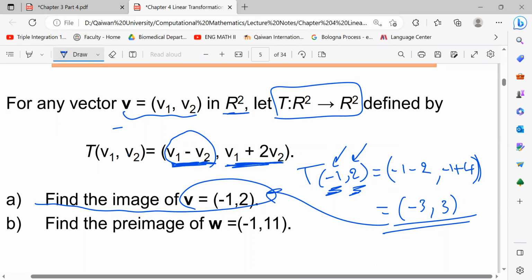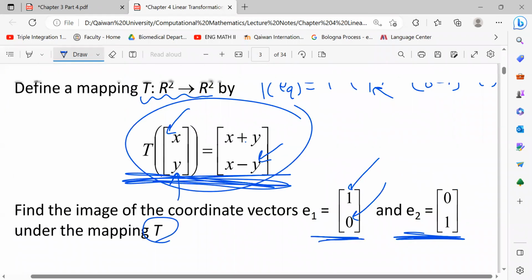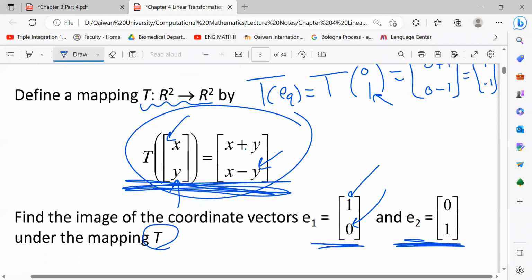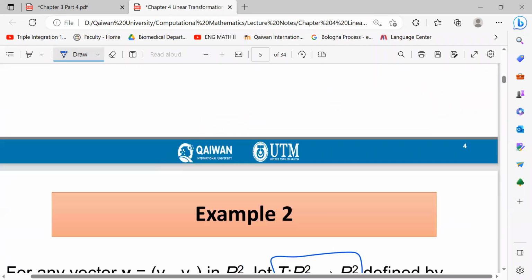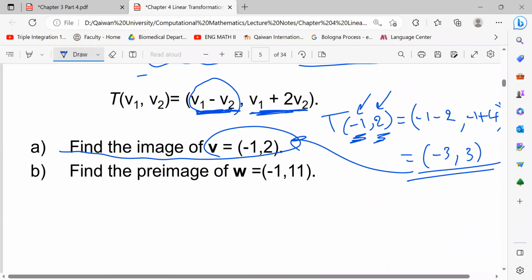Okay, we do the same for any other vector. We just use the definition. As you see, in the previous one, we used another definition. The definition should be given in the question. That's it. Then it says, find the pre-image of W to be (negative 1, 11).